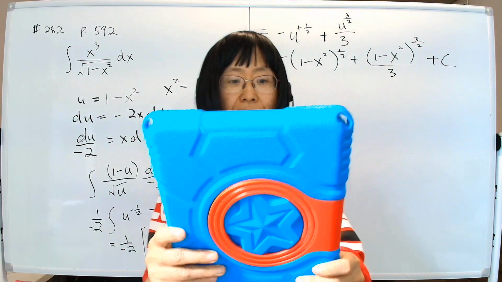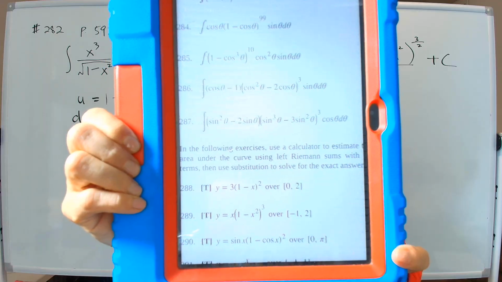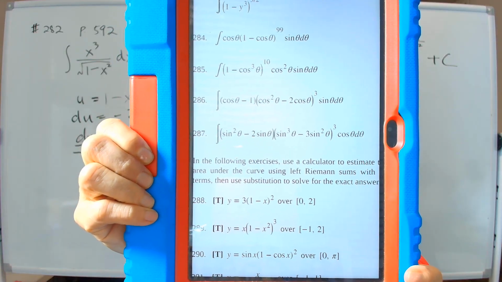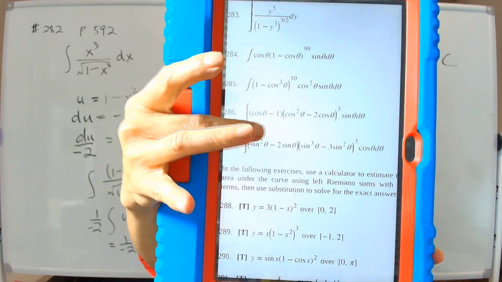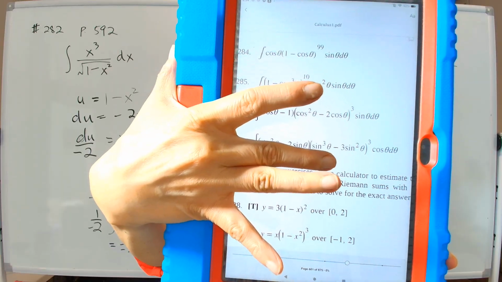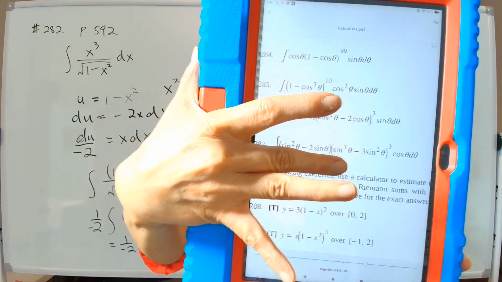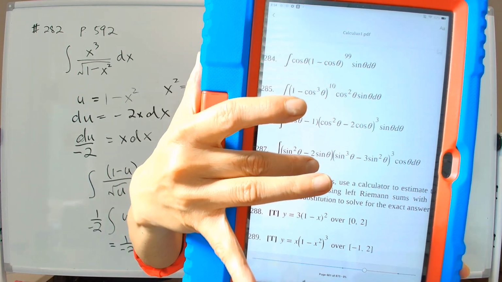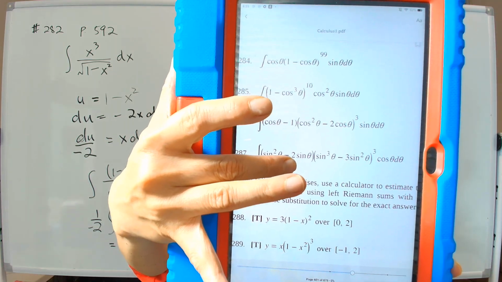Now problem 287 looks impressive, but is not, when you realize what's going on. Look at the problem for a second. You notice there's a bunch of stuff being multiplied together, but the second term, sine cubed theta minus 3 sine squared theta, if you were to take the derivative of this thing, that's directly this, without worrying about the constant multipliers.